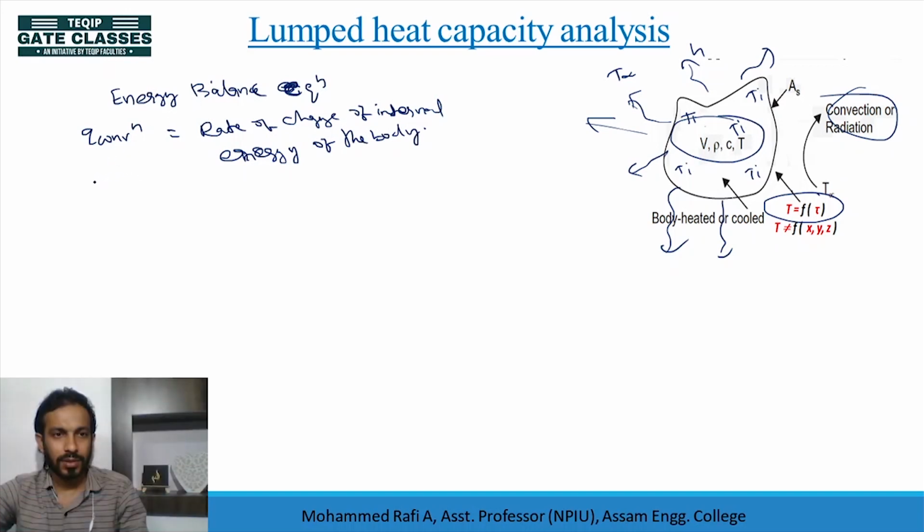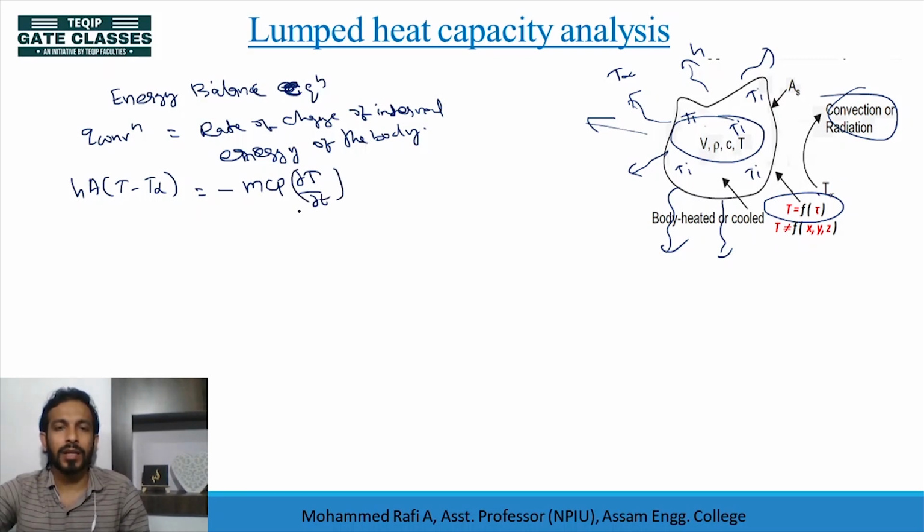So what will be the expression for this Q convection? hA into (T minus T infinity), whatever the temperature at some particular time, should be equal to minus m Cp dT by dt. This is the temperature drop.